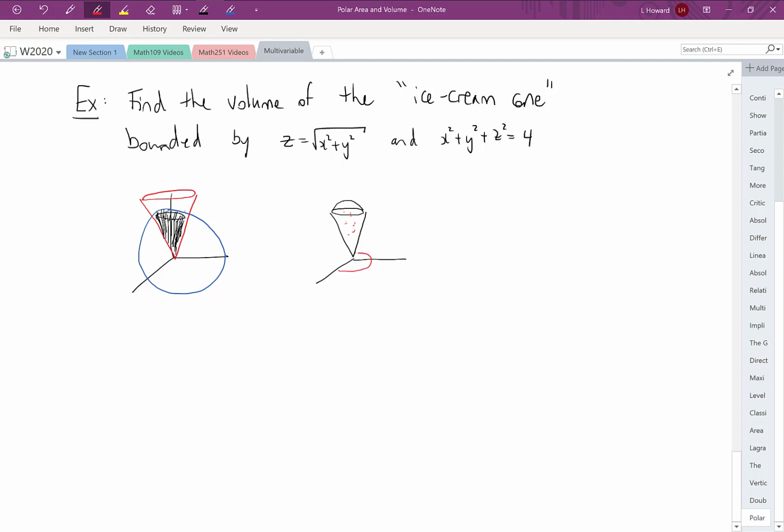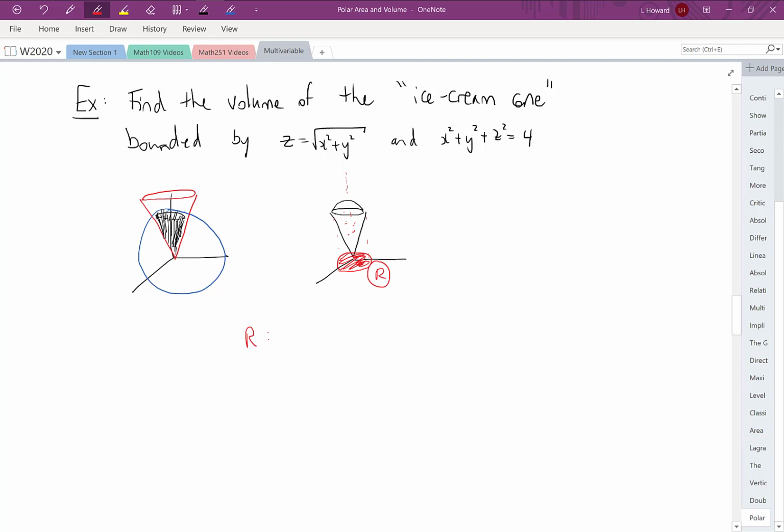So you would get a region that looks something like that. Geometrically, you could even imagine shining a flashlight straight down like this, and you'd just be asking, where's the shadow of this volume falling in the xy plane? So that entire shadow in the xy plane, that's the region R that we want to be integrating over.